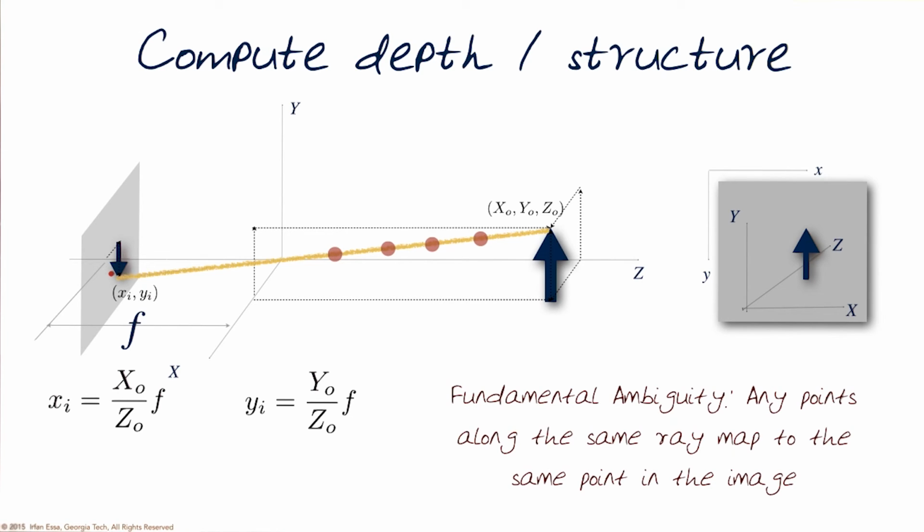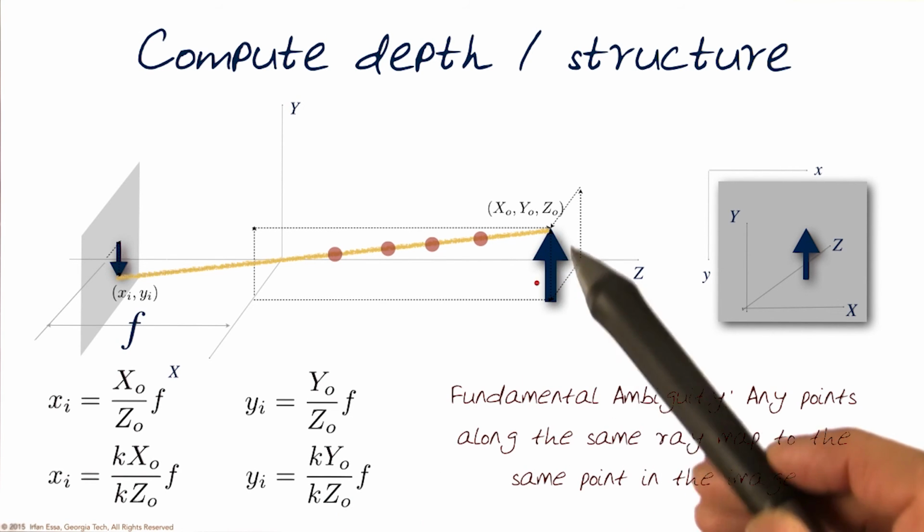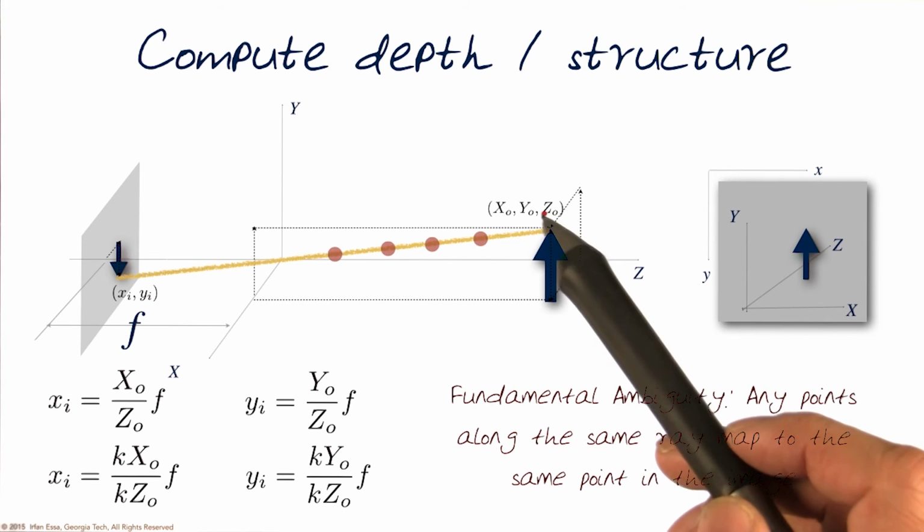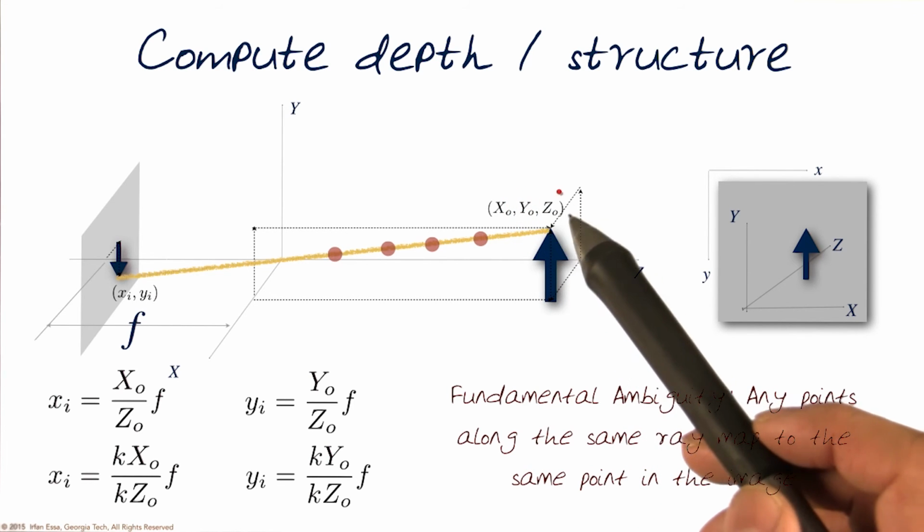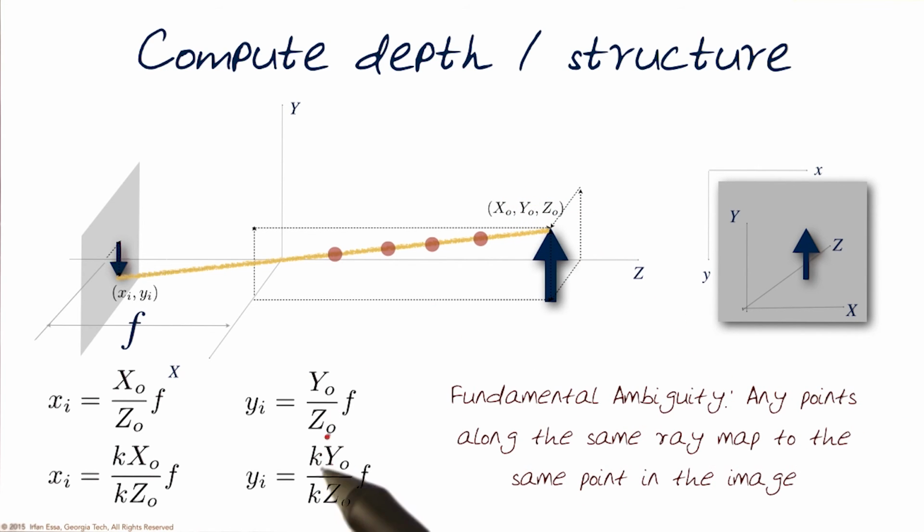So in essence, what that suggests is I can actually scale any of these three values, x naught, y naught, or z naught, for the world coordinates. Basically, that means put the same scale. This is the same equation. So in essence, that suggests there is a scaling factor here between both of these images that will actually produce the same xi, yi. And actually, it makes sense, right?